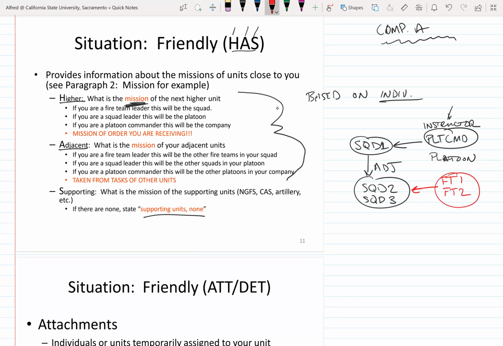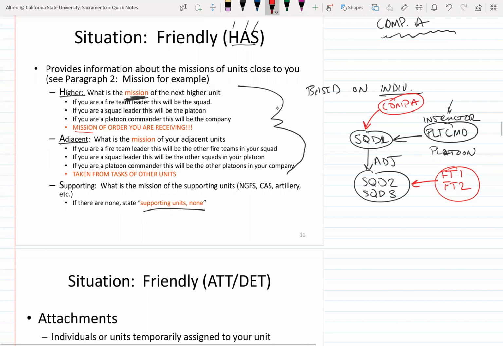That's not true. Those are not your adjacent units. And your company is not your higher unit. That's wrong. So don't do either of those. And these are also missions, so you want to make sure you cover the missions. So I'll give you guys a trick towards the end.